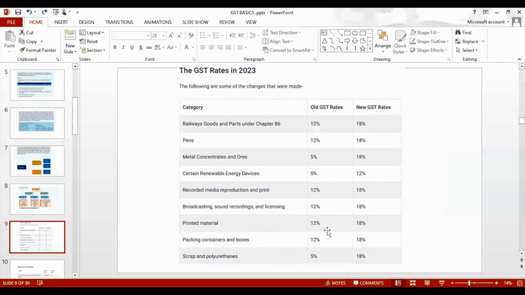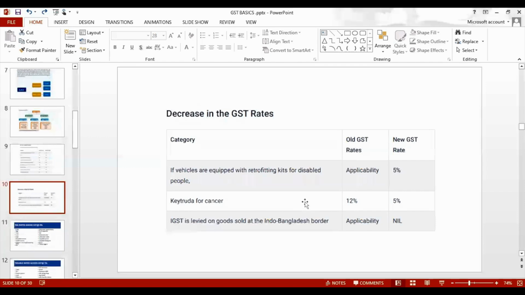So the old slab rate is low, the present slab rate is increased. We can see the increased difference between old and new. Next, the GST rates in 2023 with decreased slab rate. So the old one is high, the new one is low. It shows decreased slab rates.